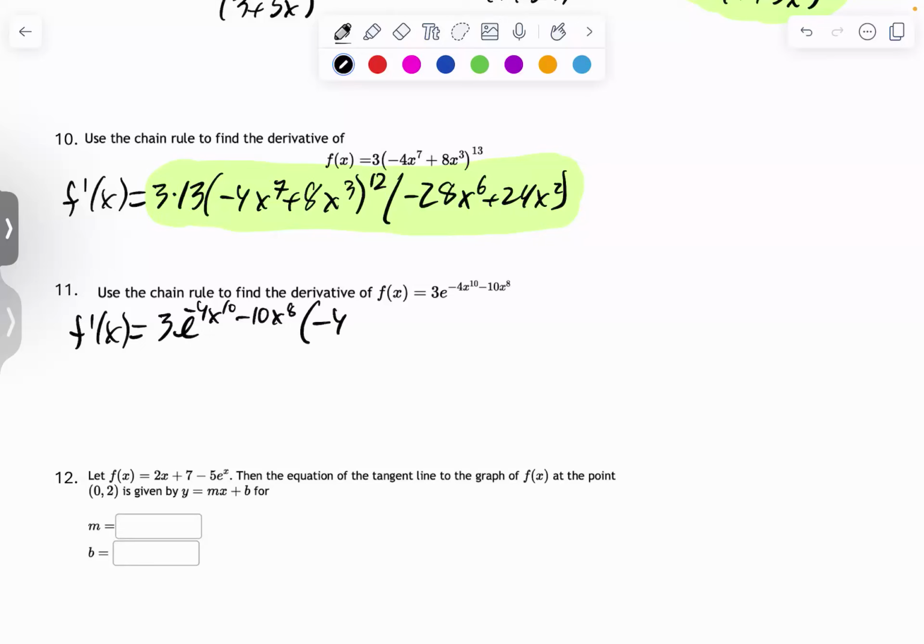It's going to give me negative 40x to the 9th minus 80x to the 7th. That is messy, but not hard. The biggest thing with these is you got to keep yourself organized. You have to really compartmentalize and break up each part as we're walking through this.